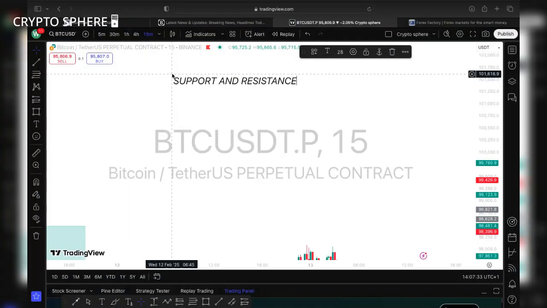They are supporting that price by buying more, so that it doesn't fall below a particular price. They are there to make sure that price is above that level.